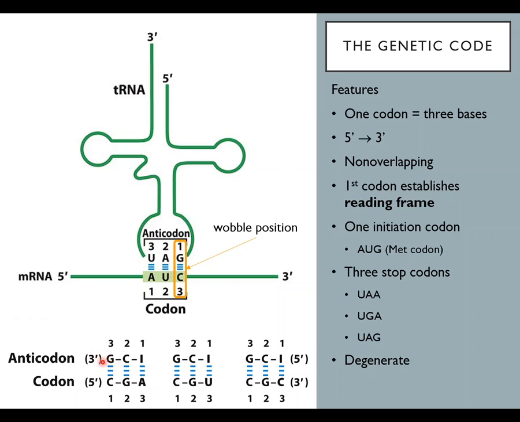So the anticodon GCI, or actually ICG, if we're reading from the 5' end, can bind to at least these 3 codons, CGA, CGU, CGC, because it's in the Wobble position and because it's a little bit less picky about what it binds to than other bases.